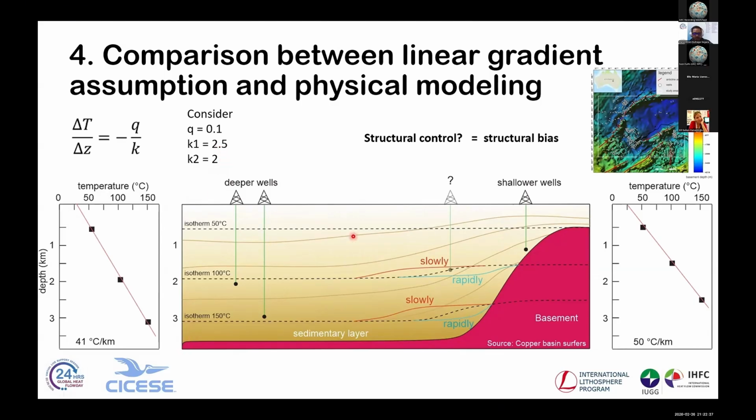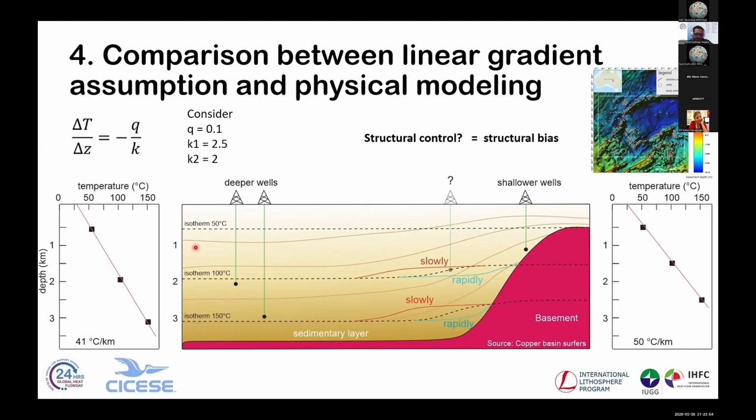If we consider different values of thermal conductivity, in the left case I consider 2.5 as the thermal conductivity, and on the right case I consider just 2. And then considering also a constant heat flow, I calculated the geothermal gradient, and I obtained different values, of course. Then I calculated the depth for 3 different isotherms on the left and on the right.